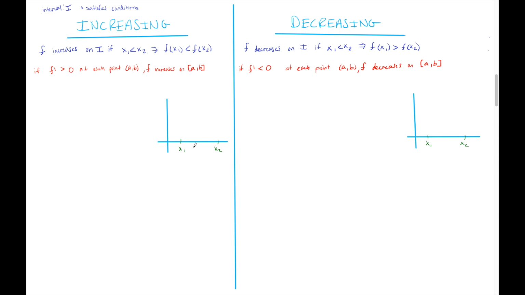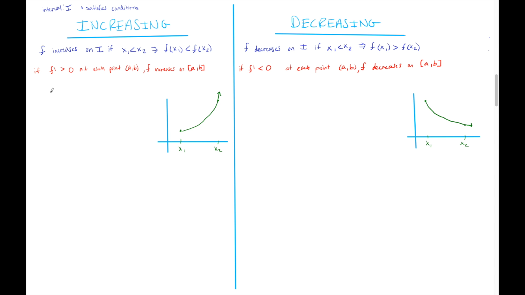Now, for a function that's decreasing, if x1 is less than x2 and f of x1 is greater than f of x2, we'd see that it is definitely decreasing.